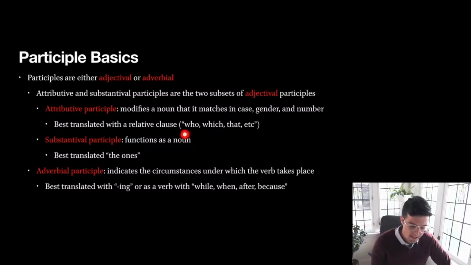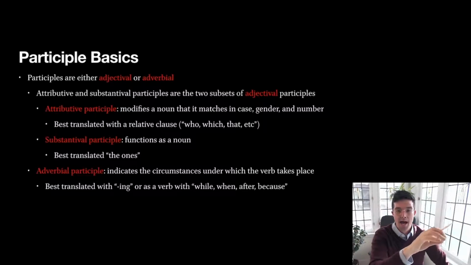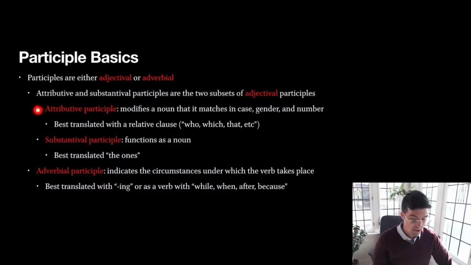And normally you're going to translate this with a relative clause, something like who, which, that, etc. So an example of this would be the man who is speaking. The man is the noun. Who is speaking in Greek would be an attributive participle that is modifying the noun.